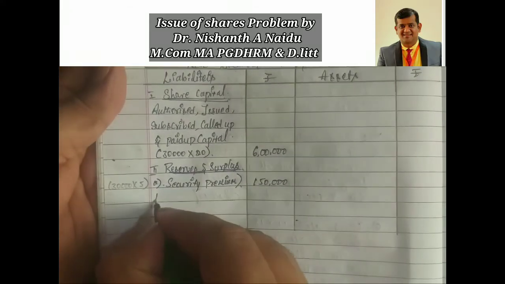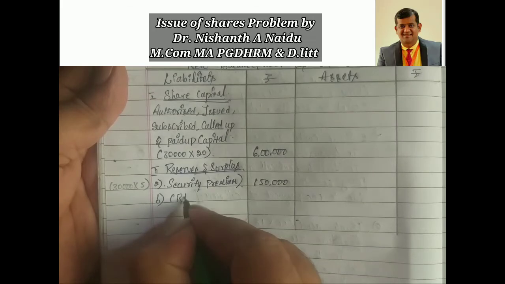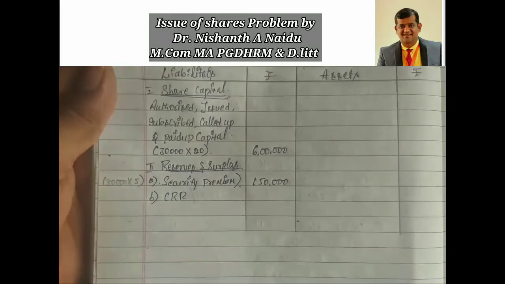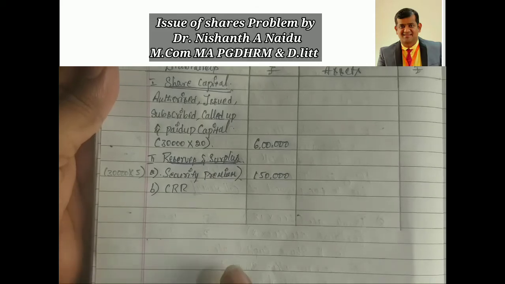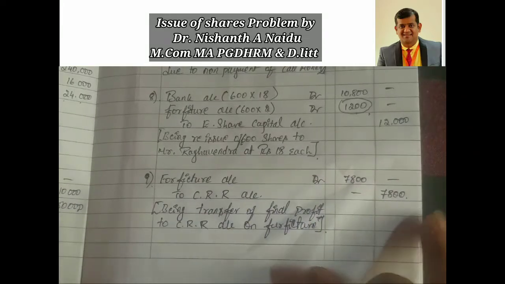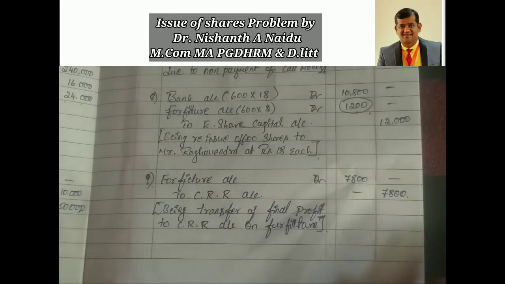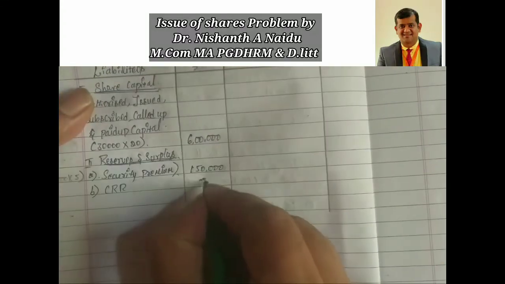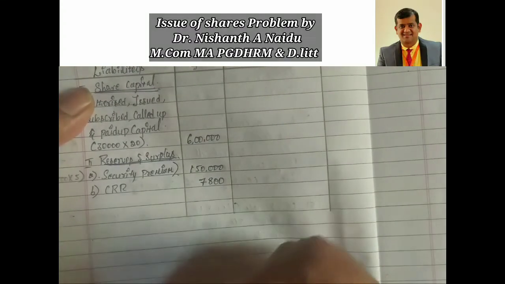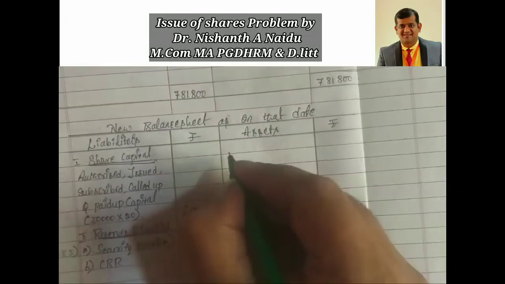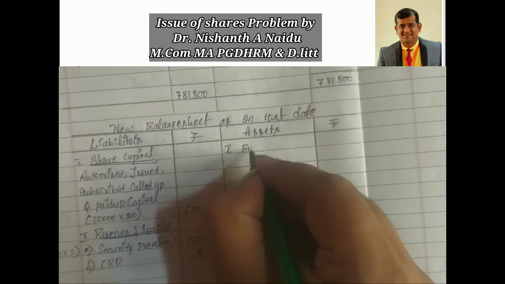Then B, we have the CRR account, the capital redemption reserve account. You are going to get it in the last journal entry. To CRR account, how much have I transferred? 7,800 rupees. So the CRR account is 7,800 rupees.